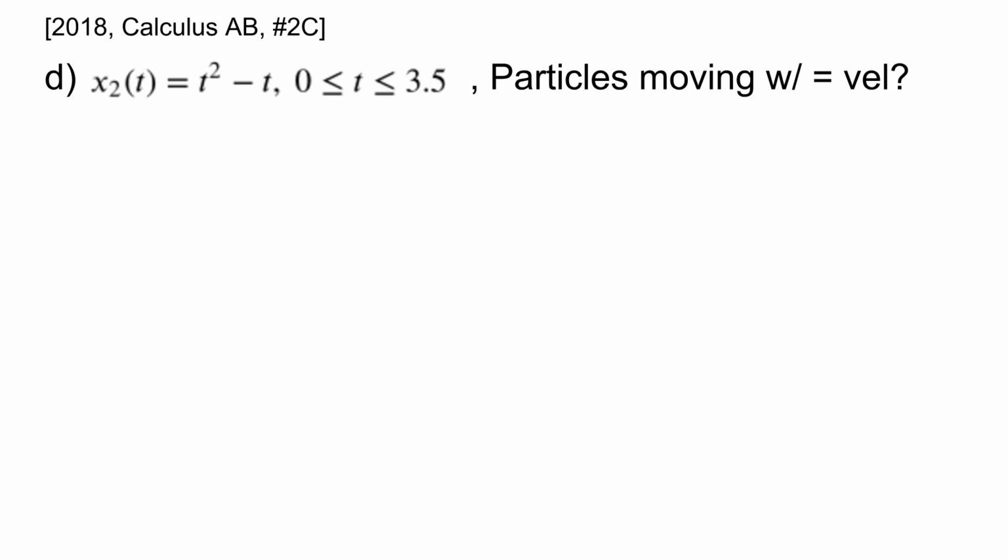In part D of the question, we have a second particle whose position is given by x sub 2 of t equals t squared minus t on the interval from 0 to 3.5 seconds. We are asked to determine when the particles are moving with the same velocity.